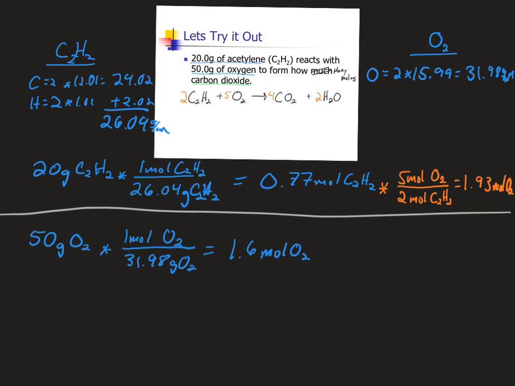This is how much oxygen I have in moles. I do not have enough. One of these is smaller. That's this one. And therefore, oxygen is actually my limiting reactant. Oxygen is going to limit the amount of carbon dioxide that I'm going to produce.